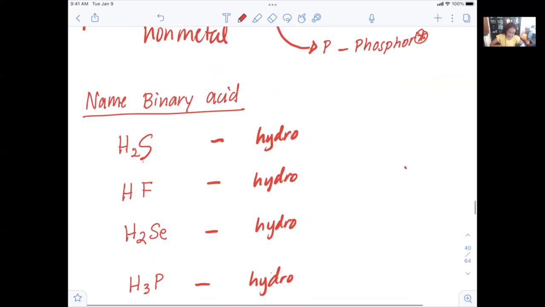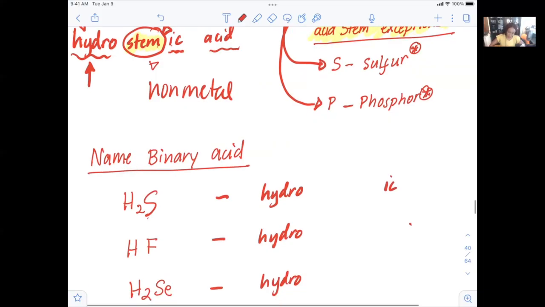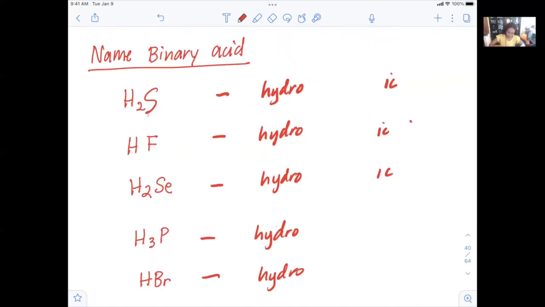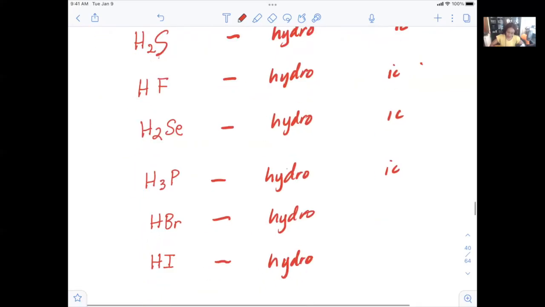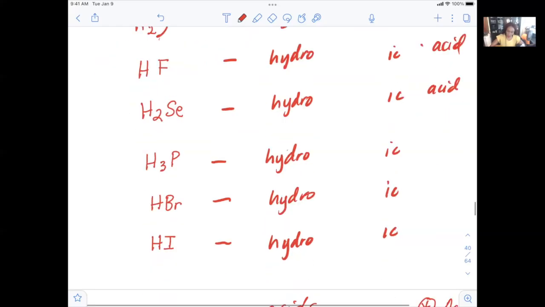And I know the stem part is the part that's different, but they will all have ic, and they'll all end with the word acid. They all have this part in common. I'm deliberately writing this way to make a point so that you can see how this is going to work out.